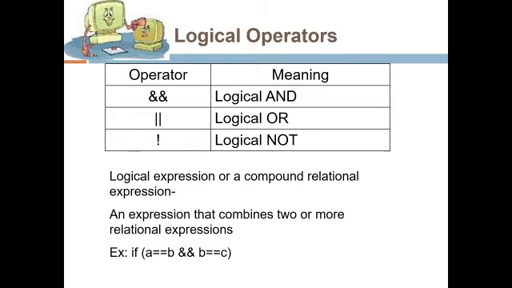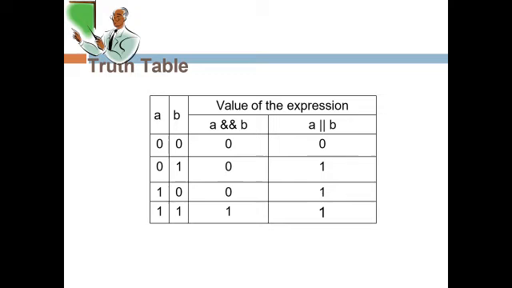These operators are used in combination with one another. An expression that combines two or more relational expressions with each other is what we call a logical expression. For example, if A equal to B and, that means logical AND, B equal to C, these two are combined in a single expression. So these are the logical operators we are going to see.